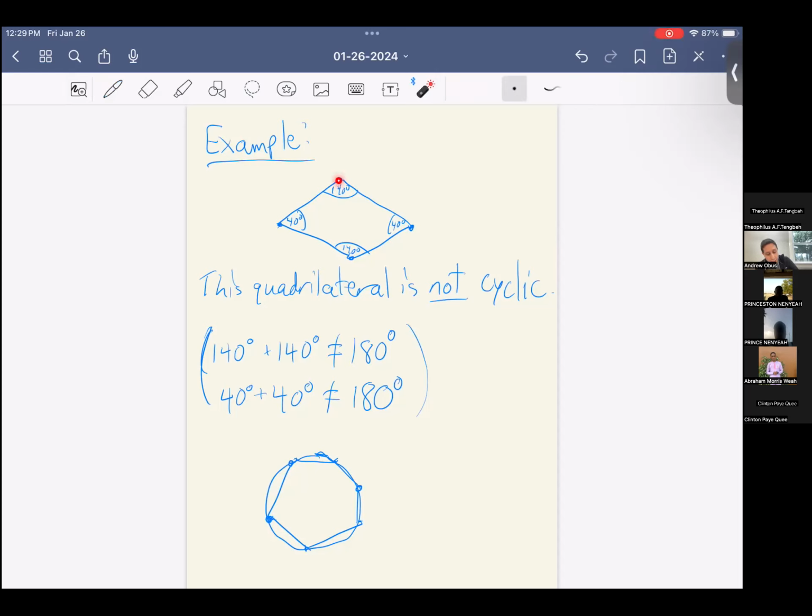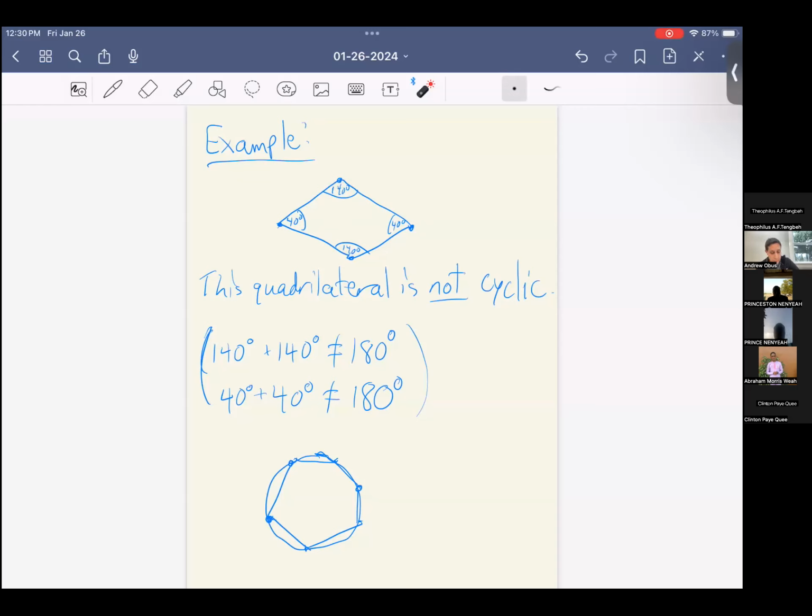The point is, if I take the triangle with 3 vertices of this quadrilateral here, I don't want to draw it because I don't want to clutter the diagram, but I can find a circle that goes through these 3 points. So that's going to be a cyclic triangle, but this circle is not going to go through the 4th point. So you can't get it to pass through all 4 points. You can only get it to pass through these 3. Every triangle is cyclic.